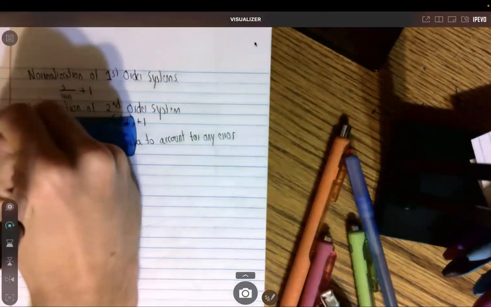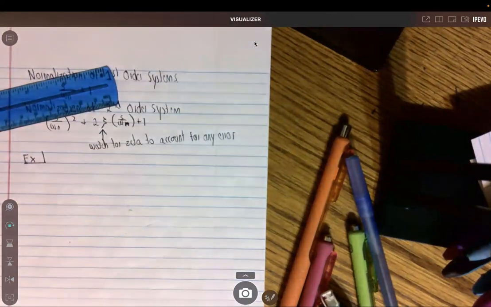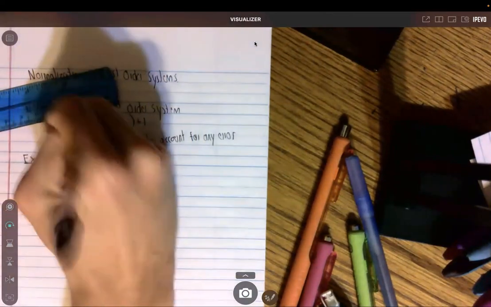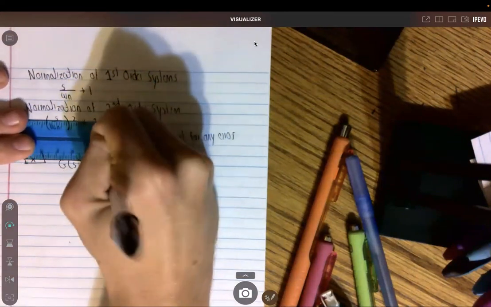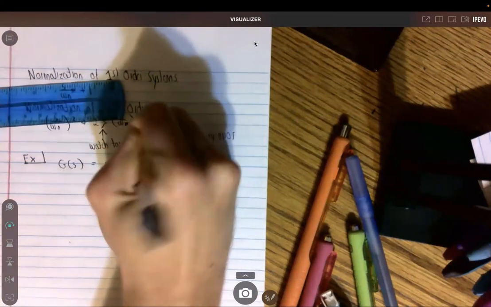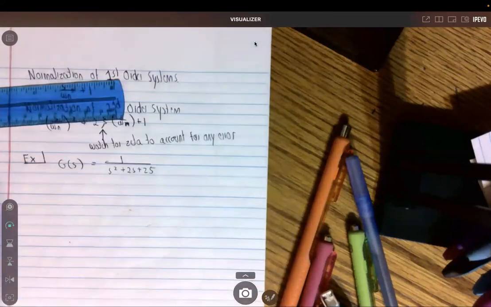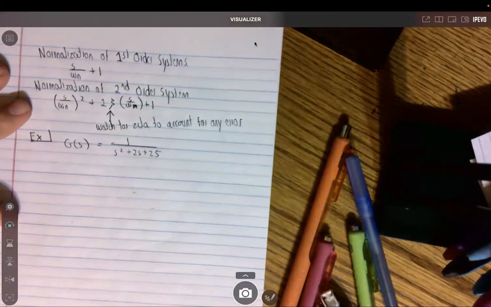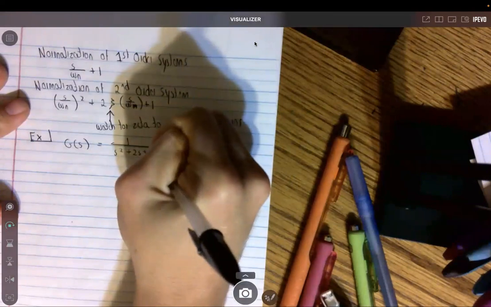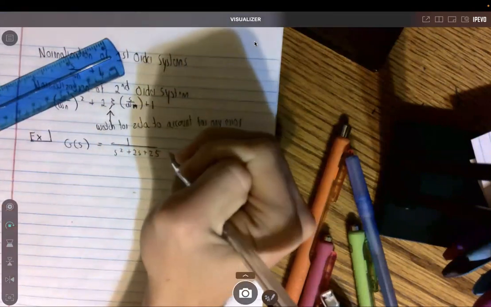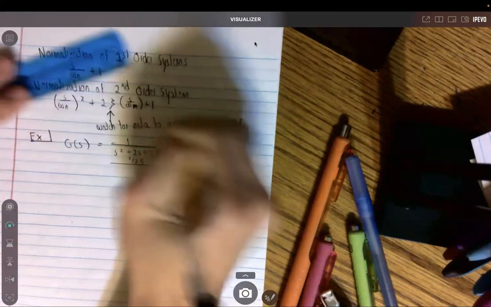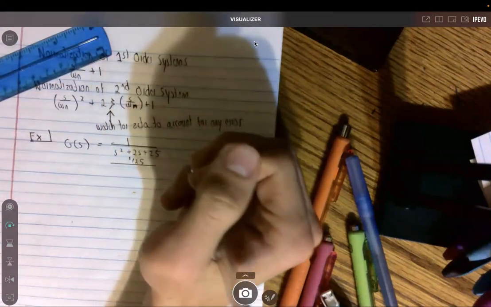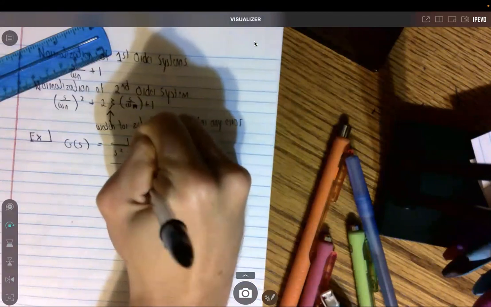For our example, we're going to have G of S equal to 1 over S squared plus 2S plus 25. First thing I would do is normalize. In order to get a +1 here, I'm going to divide everything by 25. So I'm going to get a 1 over 25 in my numerator, and dividing the denominator by 25, I'm going to get a 1 here, so +1.